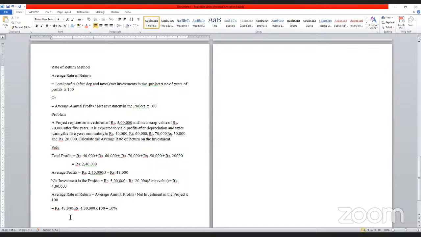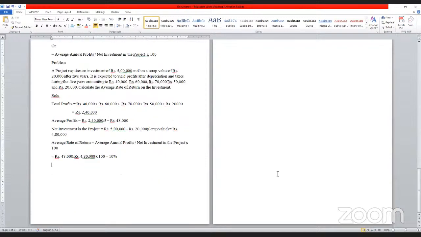I hope this is clear. Now we need to calculate one more thing, that is return per yield. For the same problem, we'll do all the calculation. Return per unit of investment method.